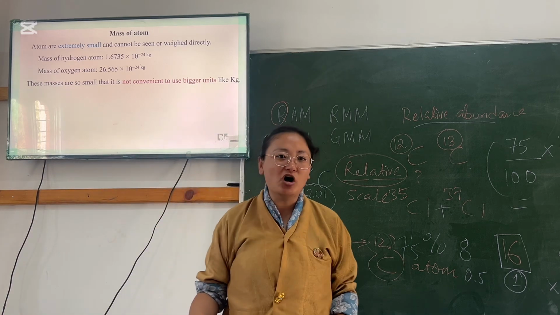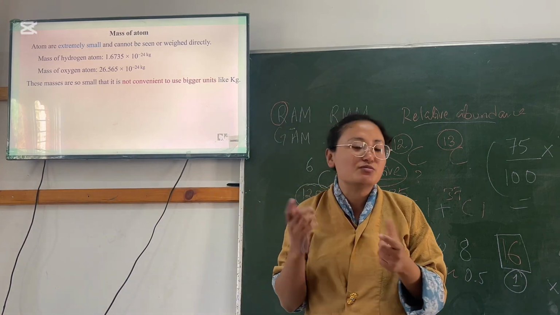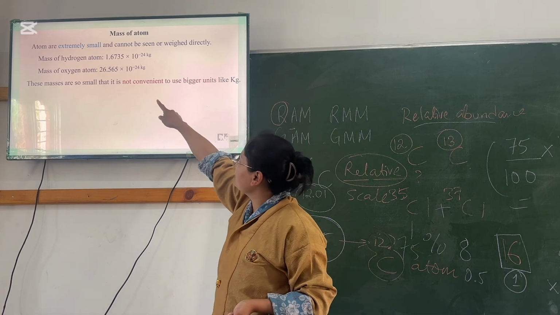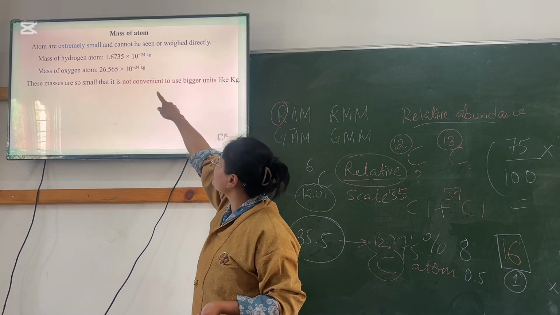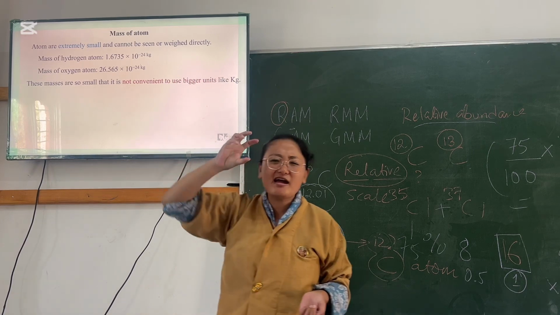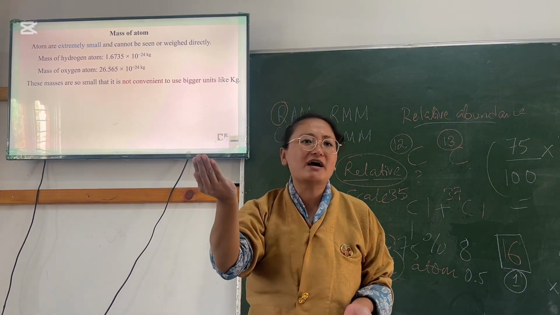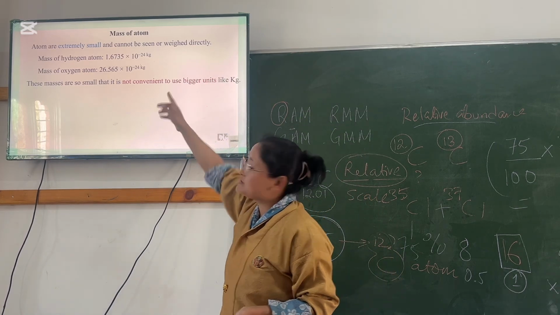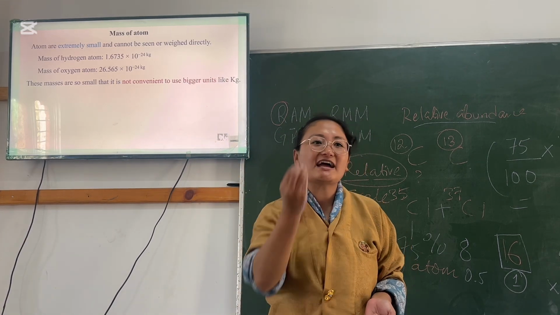The absolute weight of hydrogen is 1.67 × 10^-24 grams, which means very light. The oxygen atom is 26.5 × 10^-24. This is the actual mass.